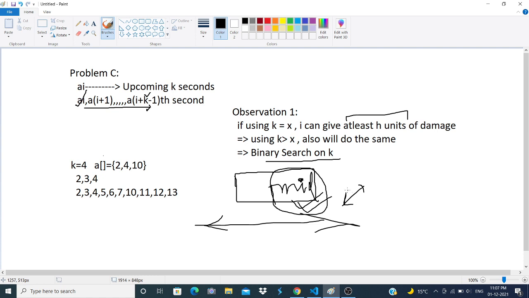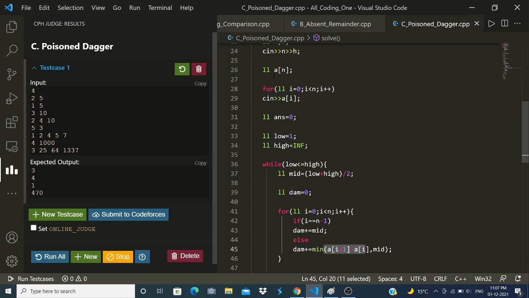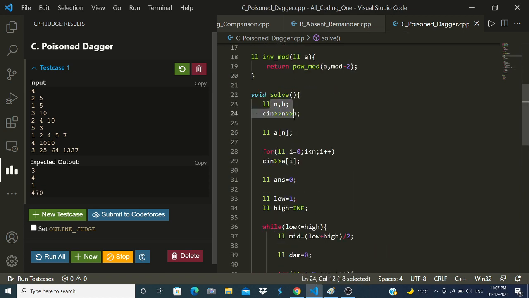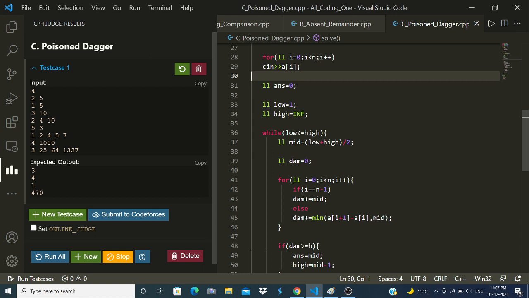So in that case, I will just set my low to be mid plus 1. So I just set my search space to a higher region. This is all we need to do in problem C. So basically, I have taken n and h, taken the array, and declared some answer. There is some low and high, and high will actually be infinity.